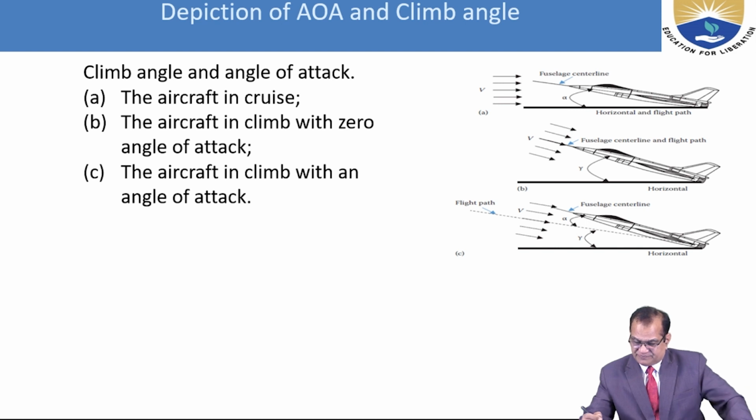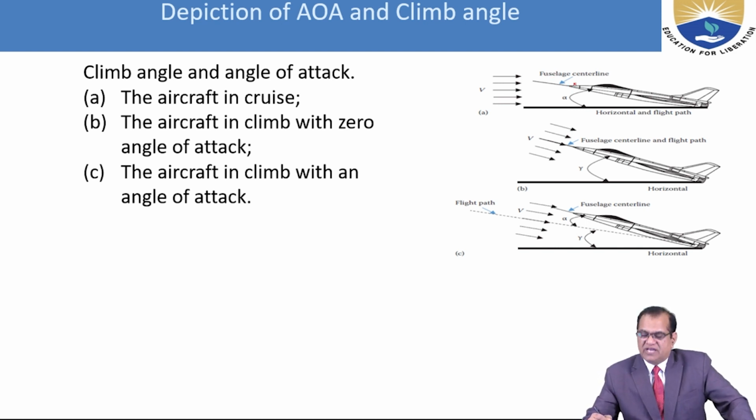You can see again, it is the center line, the fuselage reference line. If the aircraft is flying in this direction and your wind is in this direction, there is an angle between the fuselage reference line and the direction of the flight path.